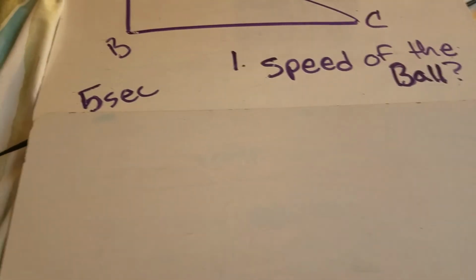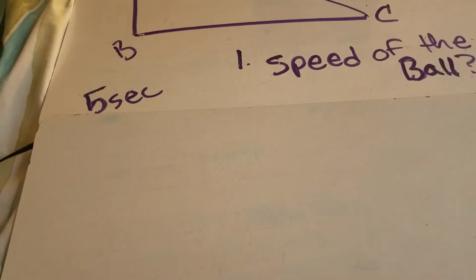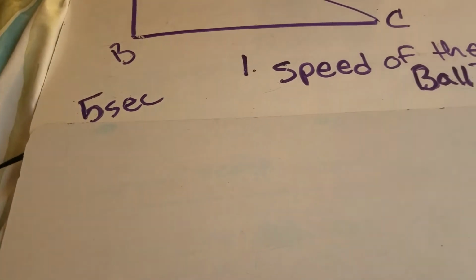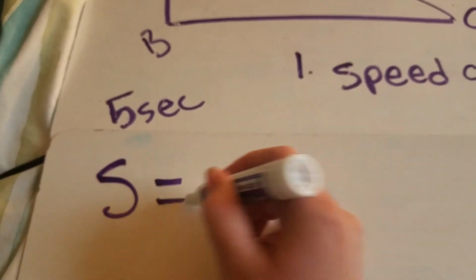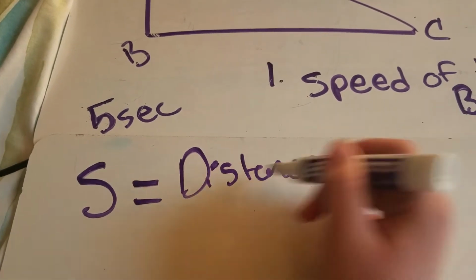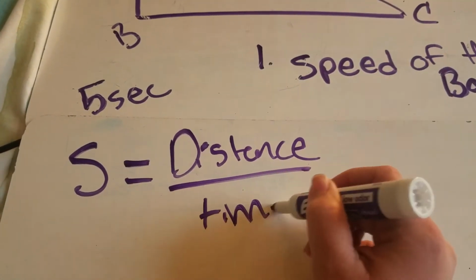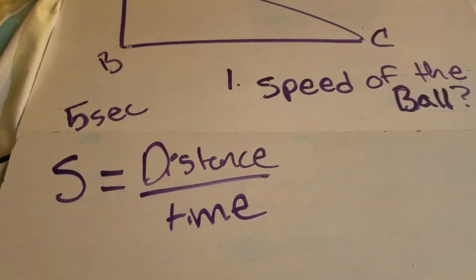Our equation that we are going to use is our average speed equation. So, that's our average speed equals our distance over time. Now, how is speed different from velocity?